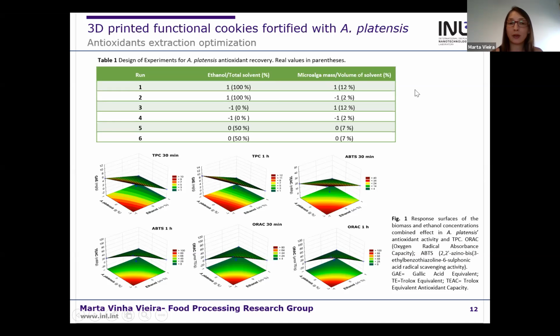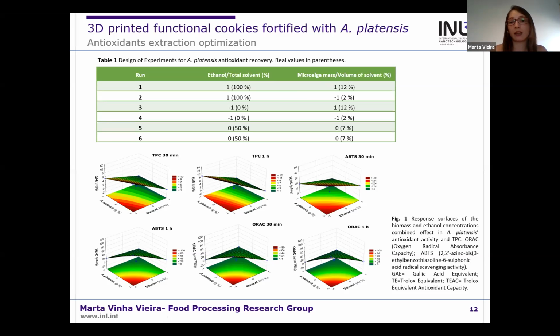The response variables were total phenolic content as indicative of antioxidant activity, and ABTS and ORAC as antioxidant activities. The extraction was performed for 30 minutes and for 1 hour.